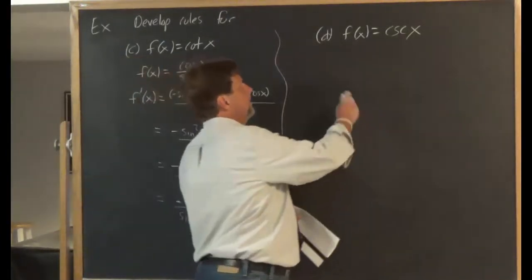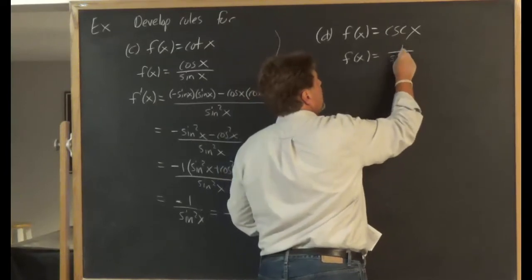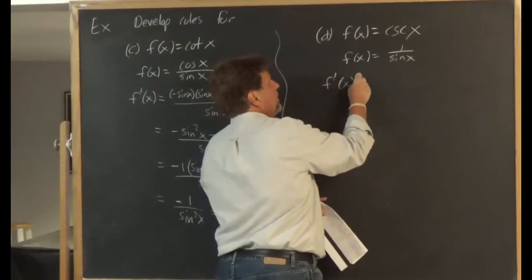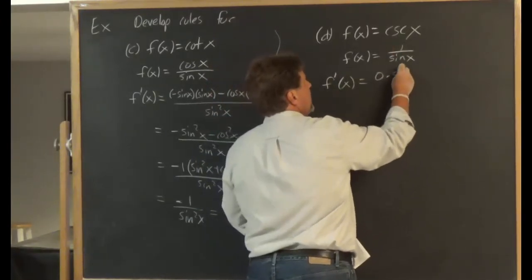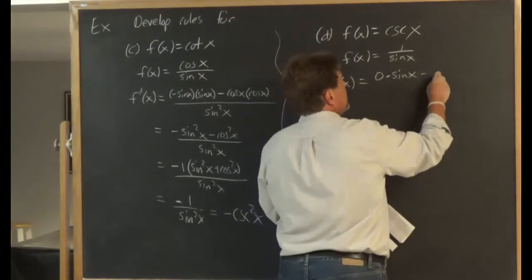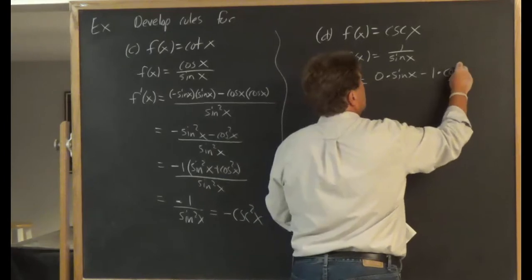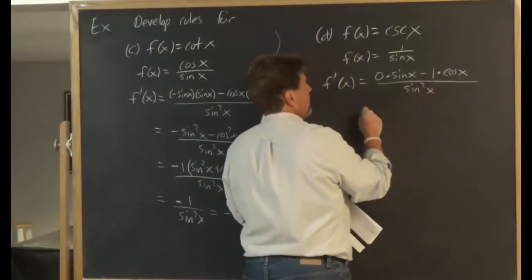Part D, well, I would rewrite cosecant as 1 over sine and then crank this through the quotient rule. So the derivative of the numerator times the denominator minus the numerator times the derivative of the denominator all over the denominator squared.